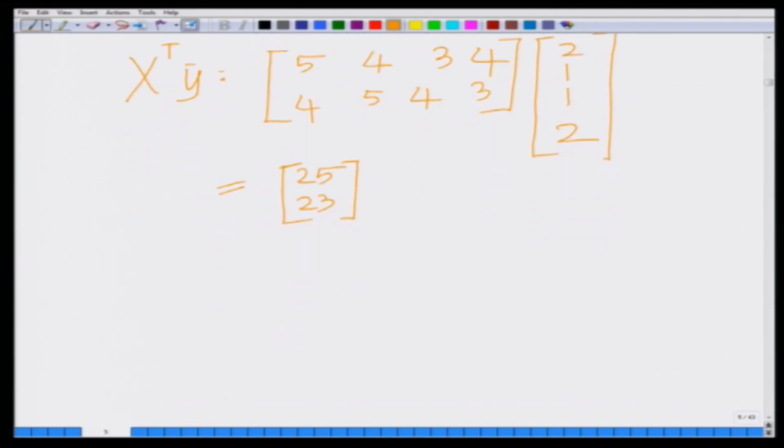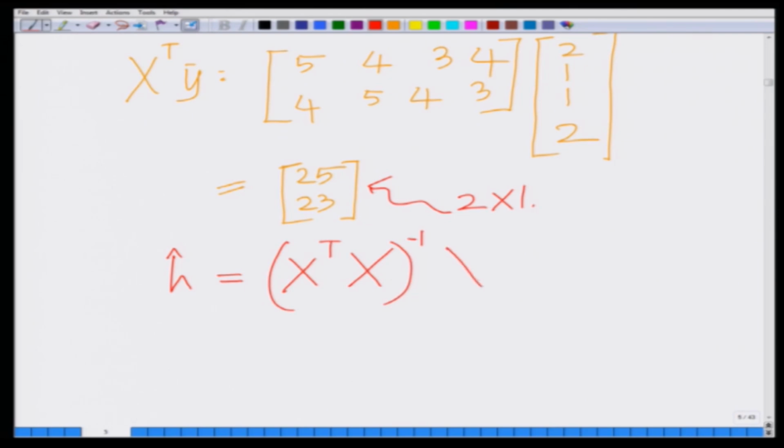This is a 2 cross 1 vector. You can all see clearly this is your m cross 1 or 2 cross 1 vector. And now the channel estimate h hat equals x transpose x inverse x transpose y bar.